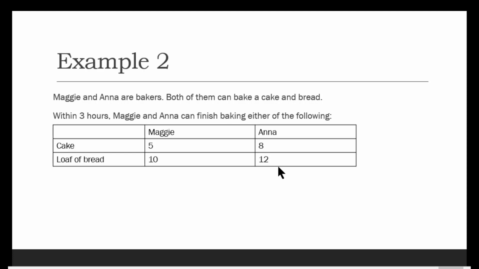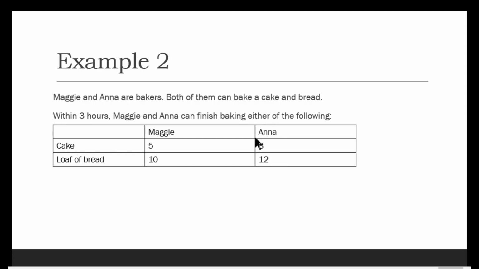Both of them are given a time duration of 3 hours, and if you can observe, each of them can produce many cakes and many loaves of bread, but Anna can produce more within 3 hours compared to Maggie. Within 3 hours, Anna can produce 8 cakes. And also within 3 hours, Anna can produce 12 loaves of bread.